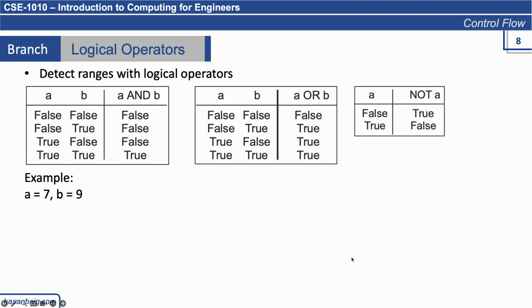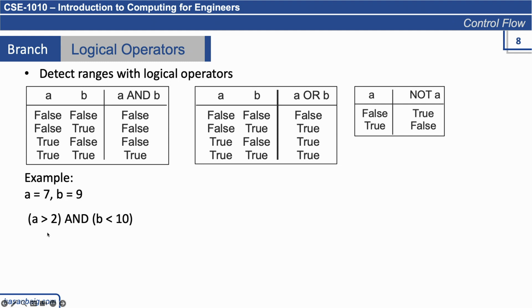Now, detecting ranges with logical operators. How can we detect ranges? For example, here a equals 7, b equals 9. We can detect if our number is somewhere in between these two. Let's say a is greater than 2 and b is less than 10. This is the Boolean operator: a is greater than 2. Does it satisfy? What does a Boolean operator return?